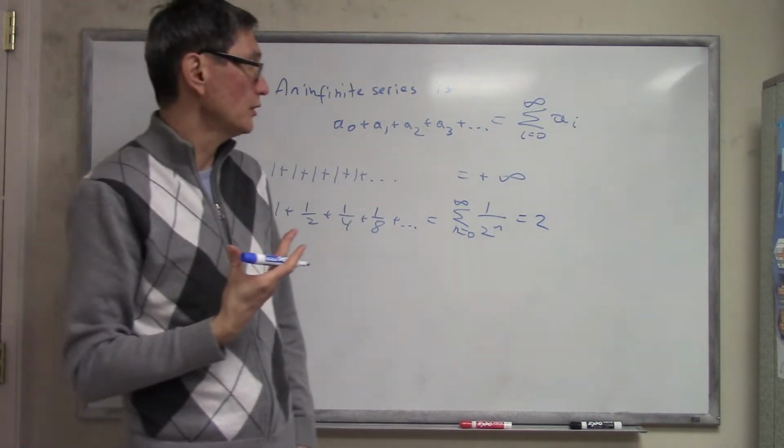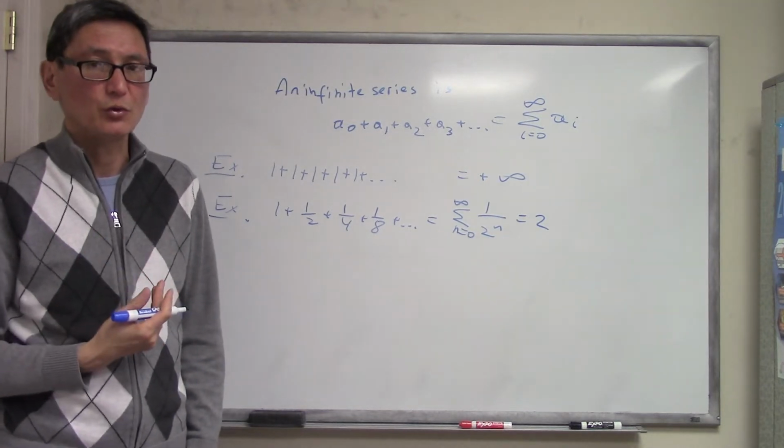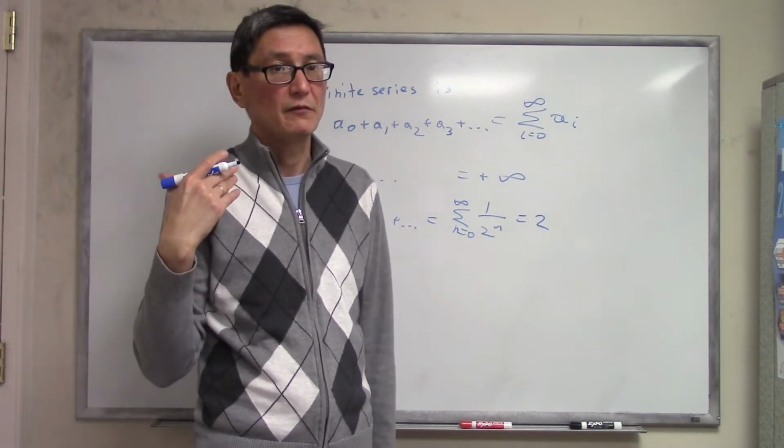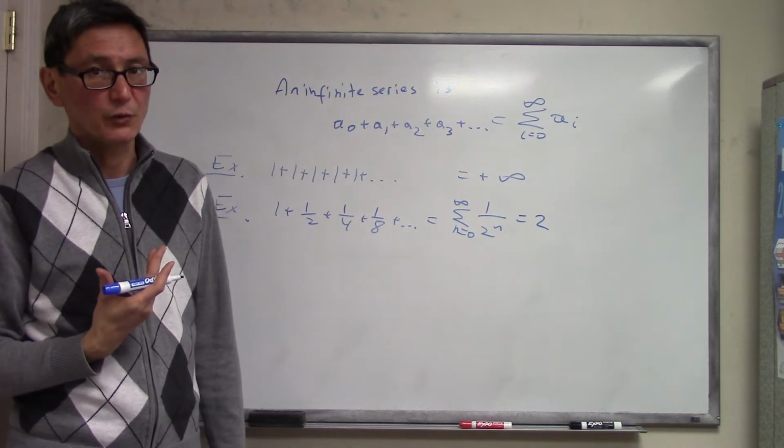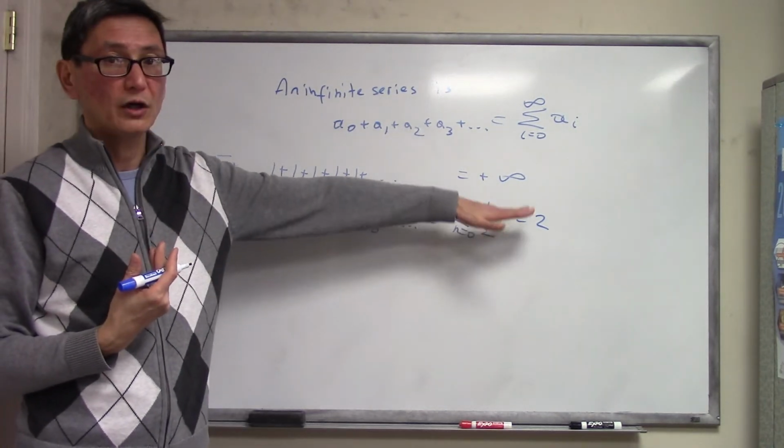So when we're talking about infinite series or infinite sums, or sometimes just series, we have two major possibilities. They will either add up to a finite number, or they will not.